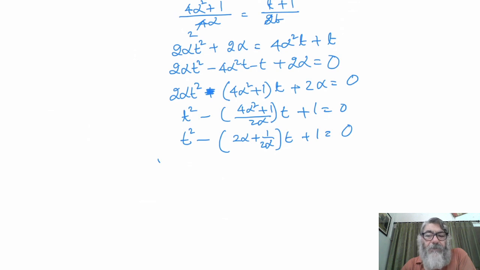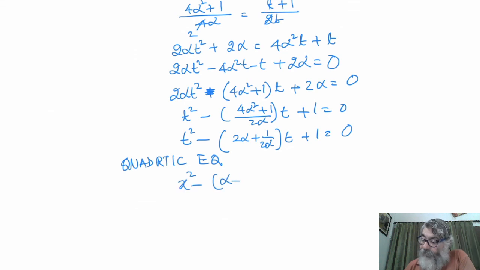Why? In what form do you get a quadratic equation with two roots? You get x square minus alpha plus beta into x plus alpha into beta. Here is the sum of the roots, here is the product of the roots.